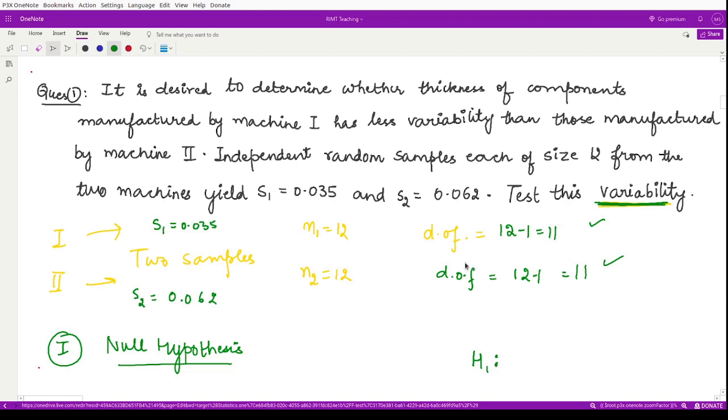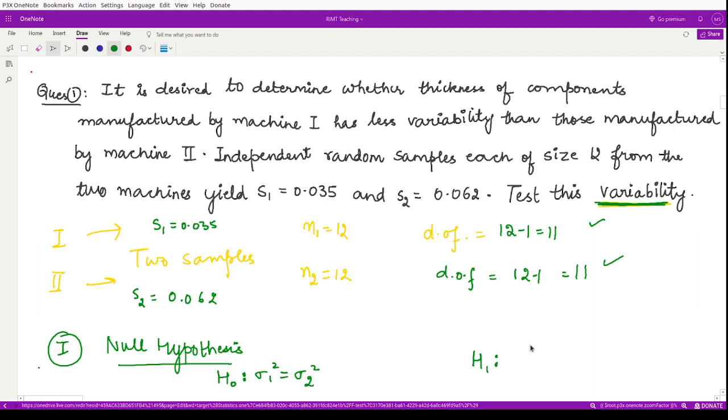So in the null hypothesis, we always formulate the variances to be equal. So in this case, we say sigma 1 square equals sigma 2 square. Why sigmas? Because we are comparing these for two machines using the two samples.